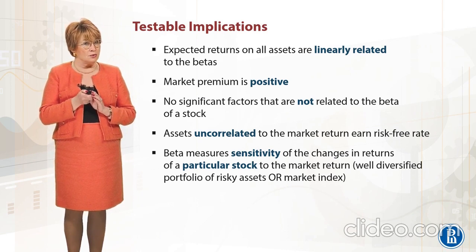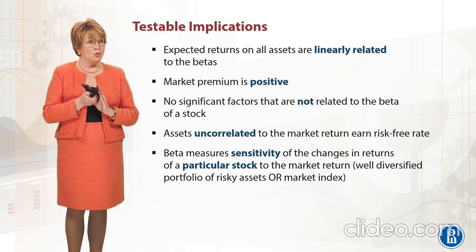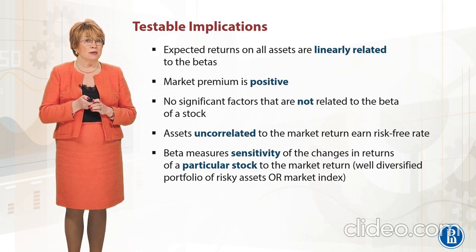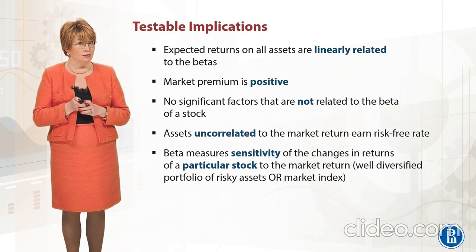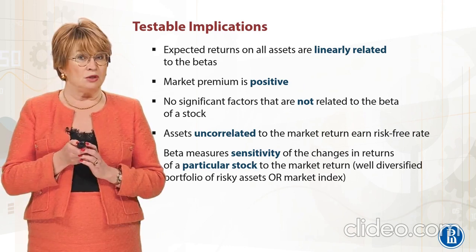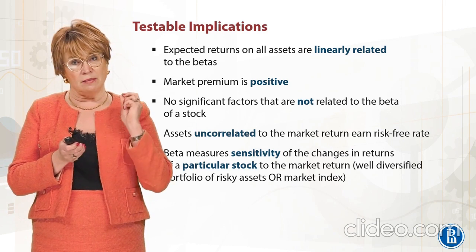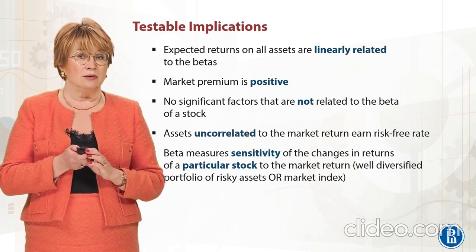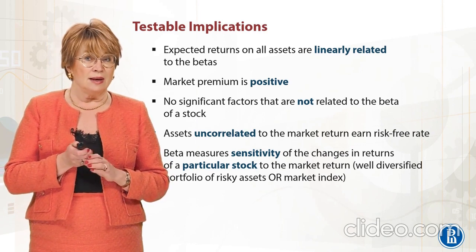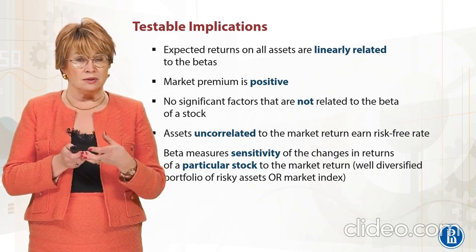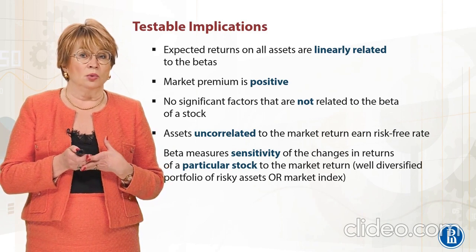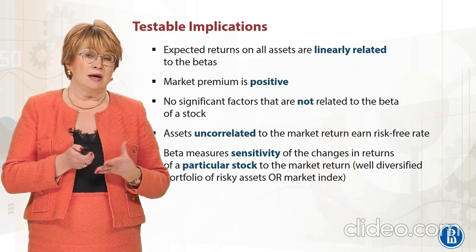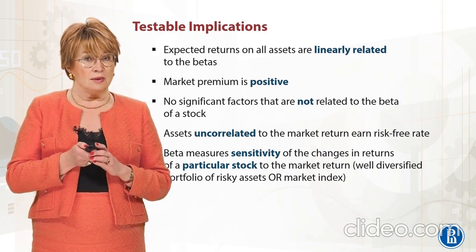The model also assumes that there are no significant factors not related to the beta of a stock which can influence the expected rate of return. And that's why we're back to the first point in that slide. All the expected returns are related to the betas, and they are not correlated with other factors in the market.